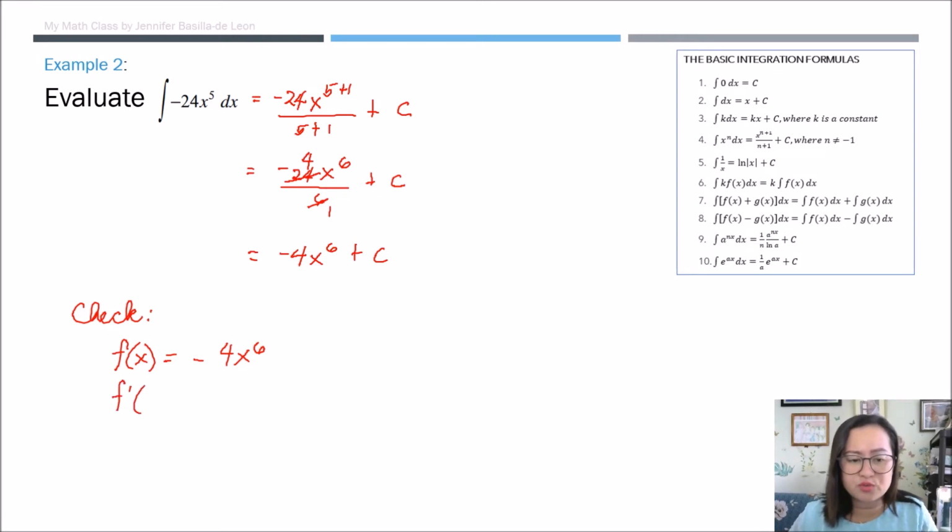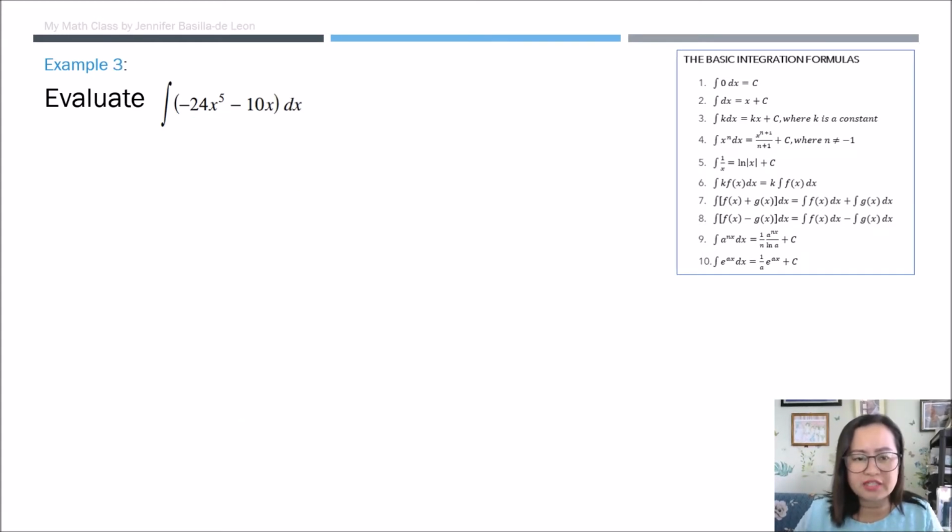Applying differentiation rules, we will have f prime of x equals 6 times negative 4 is 24. Then we deduct by 1 degree, so we will have 6 minus 1. So we will have negative 24x raised to the 5th power, which is the same as our problem.